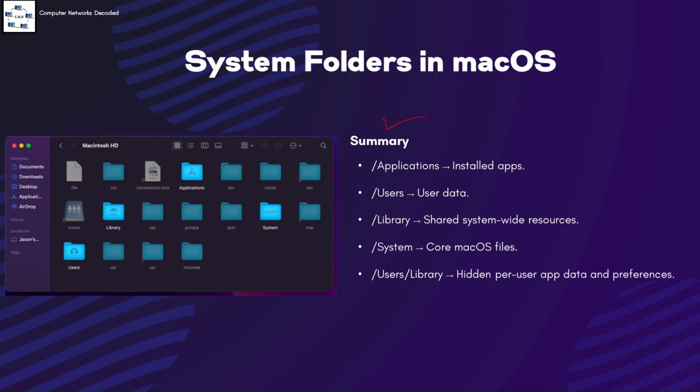So, summary: the Applications folder contains the installed applications. The Users folder contains user-related data. The Library folder contains shared system-wide resources, and the System folder contains core macOS files, while the user Library folder is hidden, per-user application data and preferences.